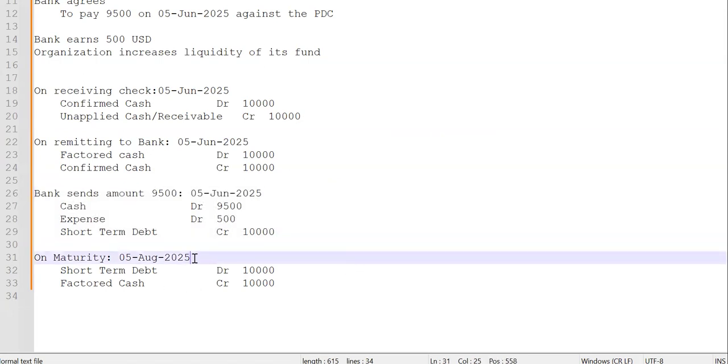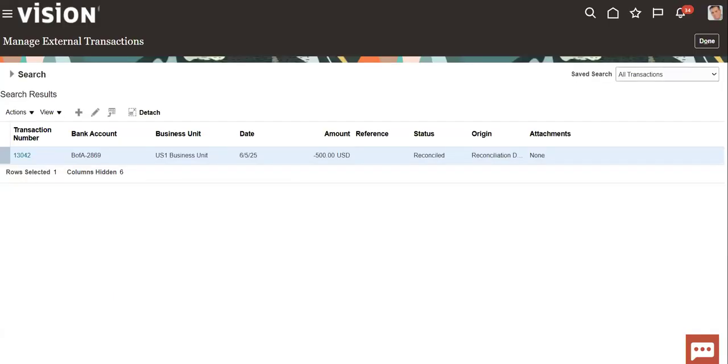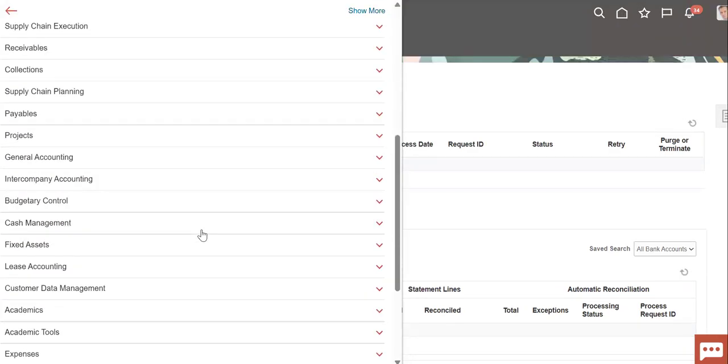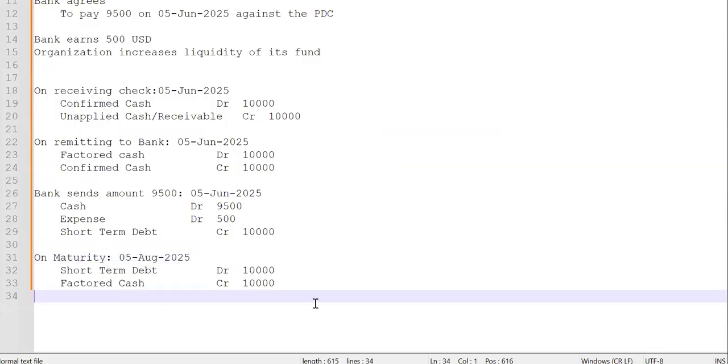Now next, on the 5th of August, the bank will receive the check, the bank will receive the money. If it does not receive it, then it will send a bank statement saying so, and then all the reversal will happen. I'm not discussing that, that's the exception case. Now, on maturity, this accounting should be created.